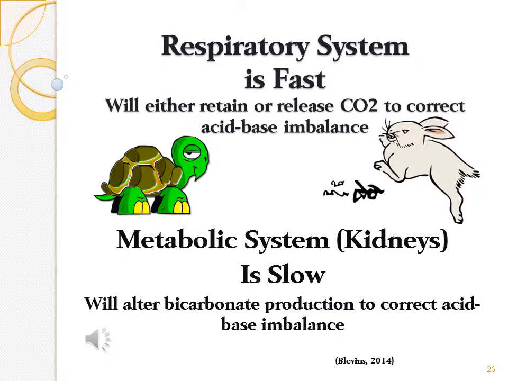Keep in mind that the respiratory system is fast. If it's trying to maintain homeostasis, it quickly either increases or decreases respiratory rate in order to correct the imbalance. The metabolic system, though, the kidneys, are very slow, and the kidneys will start to alter production to correct the acid-base imbalance.